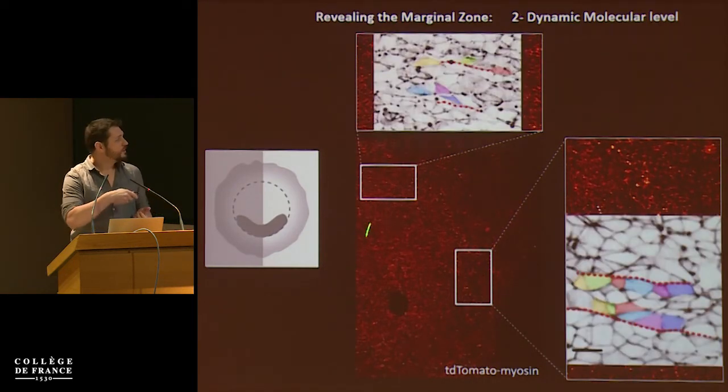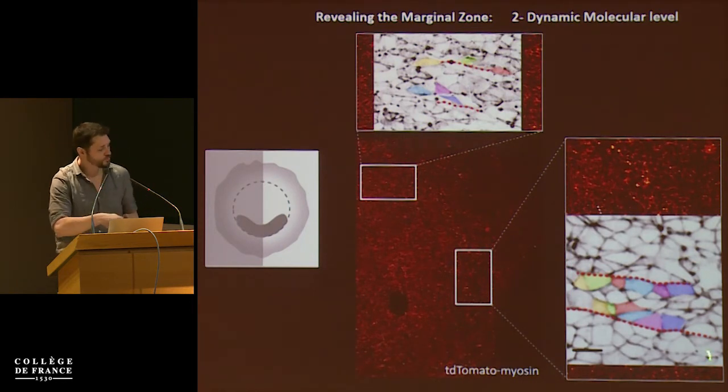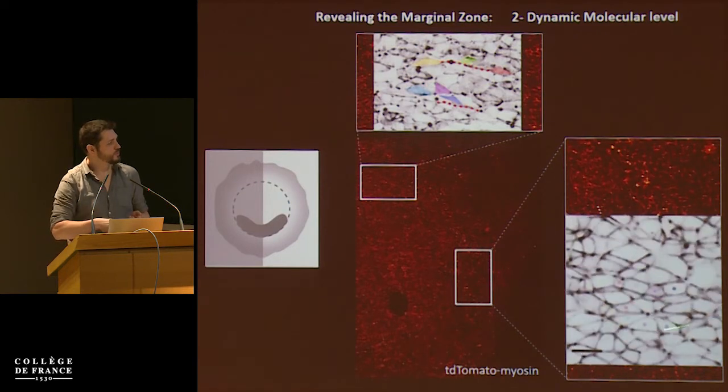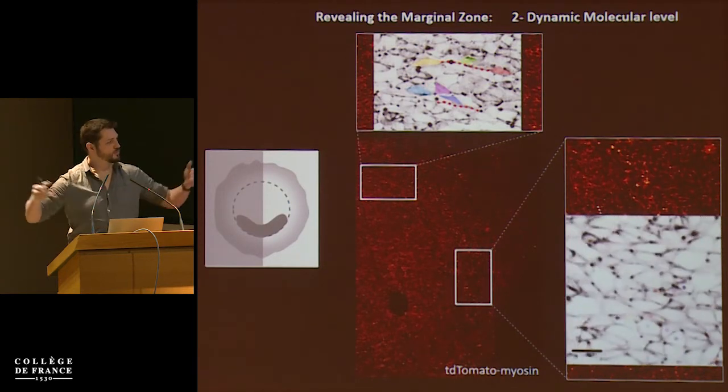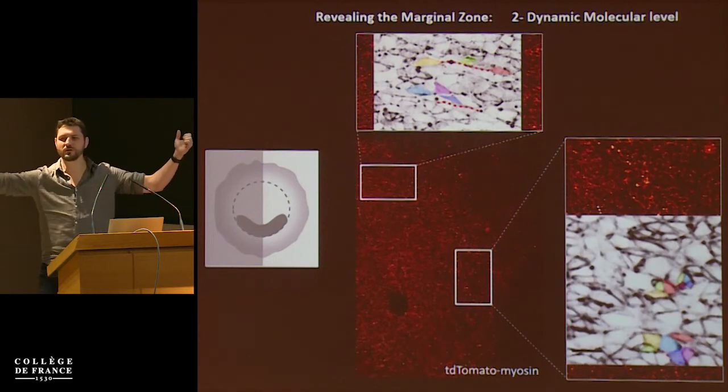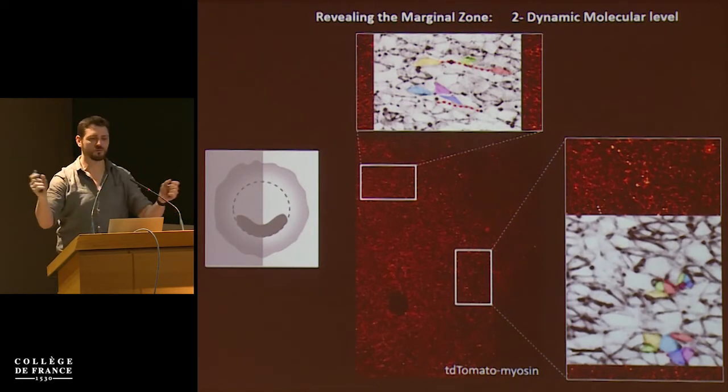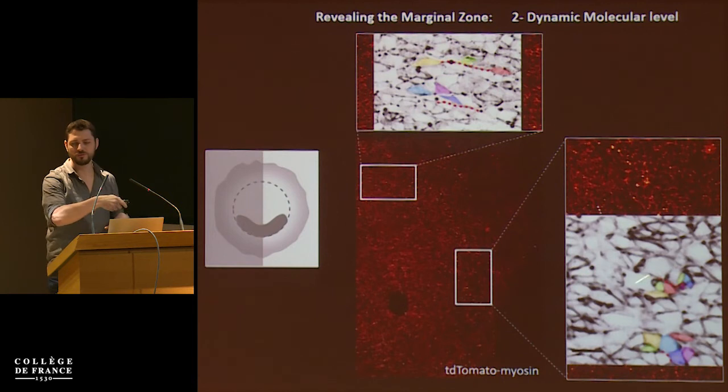So now we did higher magnification. This would be more in the posterior. And what we see here is myosin again. When we look at the behavior, we can see the supracellular cables in the posterior, which are contracting and driving rearrangement and convergent extension, as I said in the introduction.